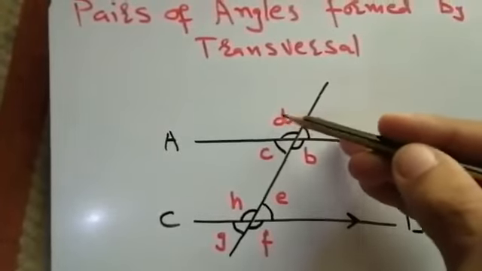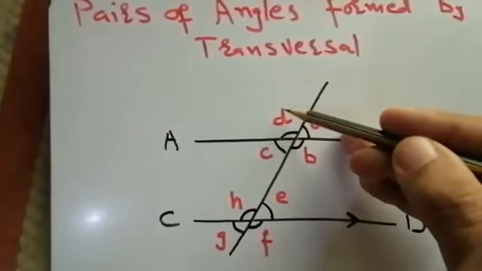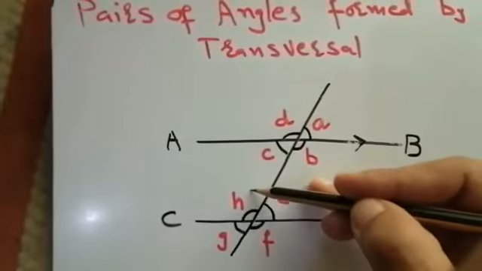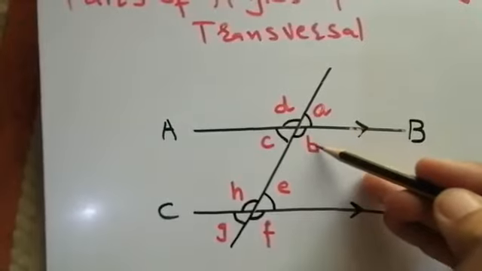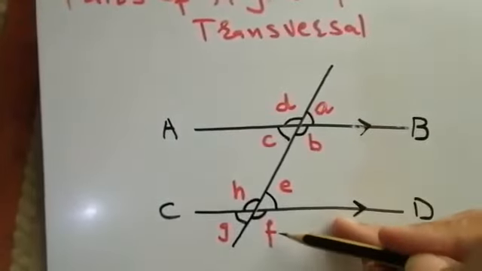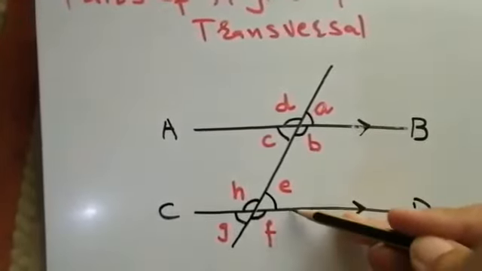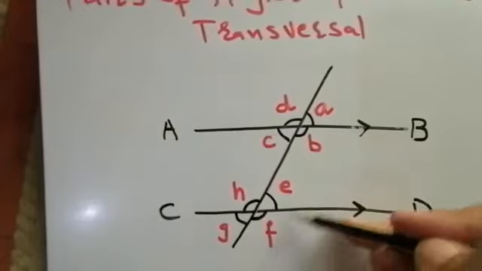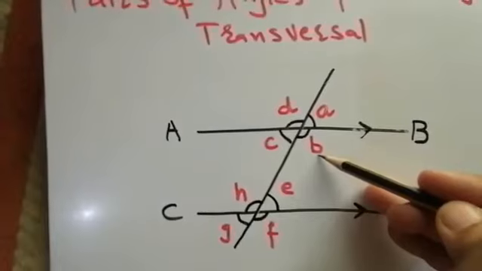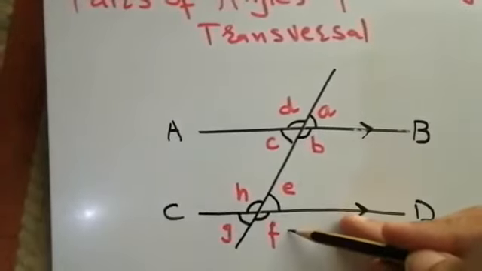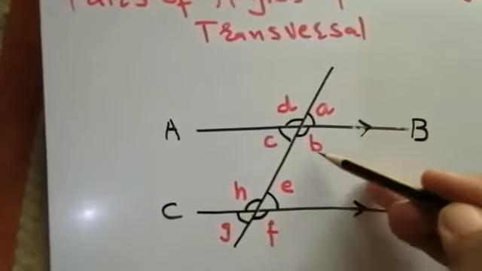So if this is, let's say, 120 degrees, this is also going to be 120 degrees. In the same way, angle B, which is below the parallel line, is the corresponding angle of angle F, which is below the other parallel line. If this is 130 degrees, this must be 130 degrees also. So these will be the same in size.